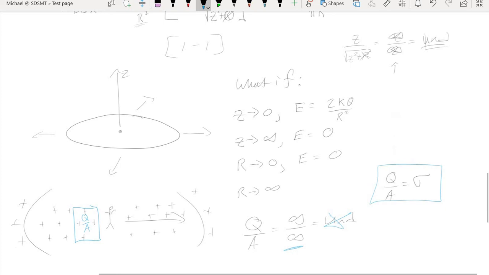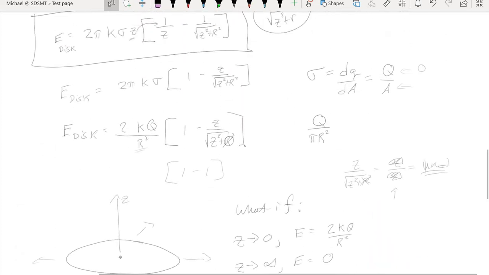And what that means is that we would have to backtrack in our mathematics to the version of the equation that still involves sigma. So if our radius went to infinity, we would have to incorporate the value of sigma and use that.